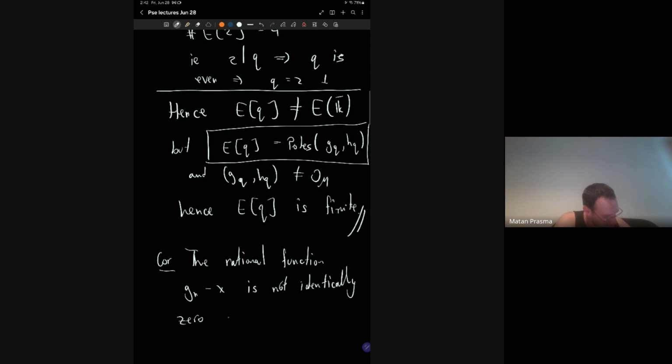Of course, for n bigger than 1. Because for n equal 1, it's exactly 0, right? I write Gn, but you should think of it as Gn of x, y, some rational function in two variables.